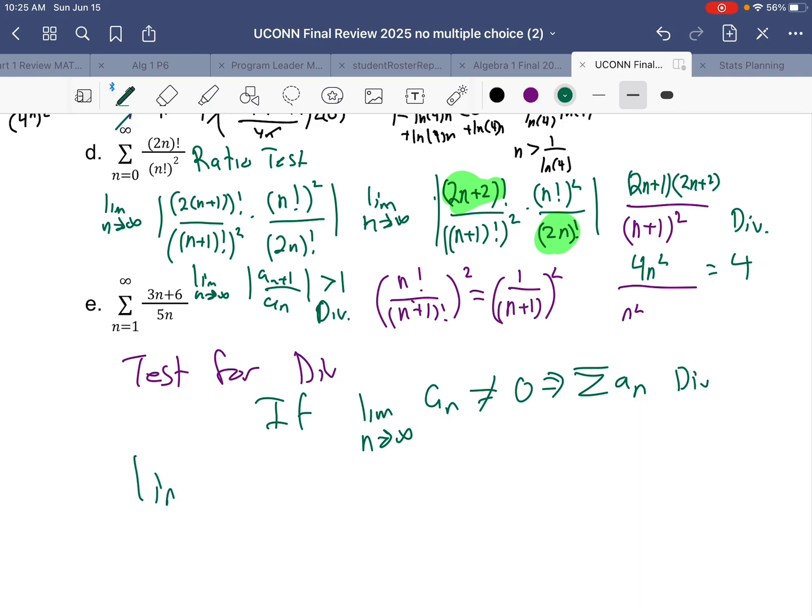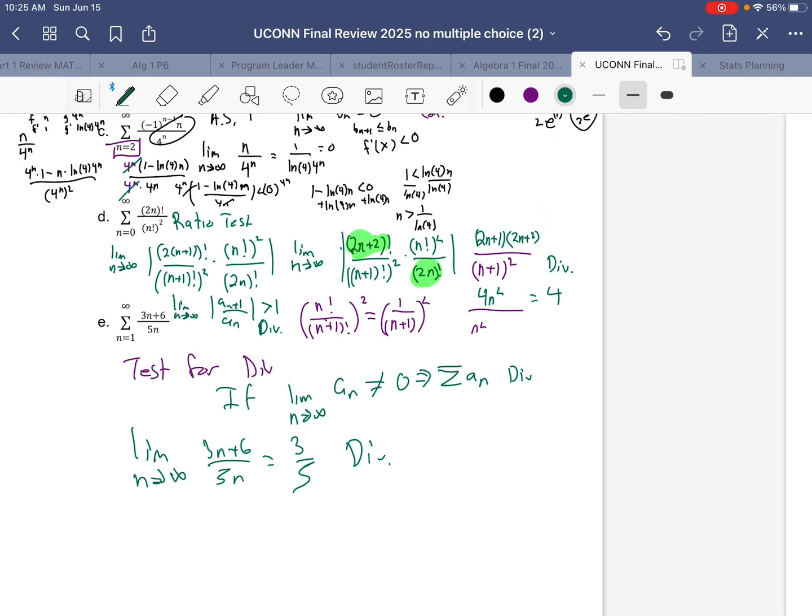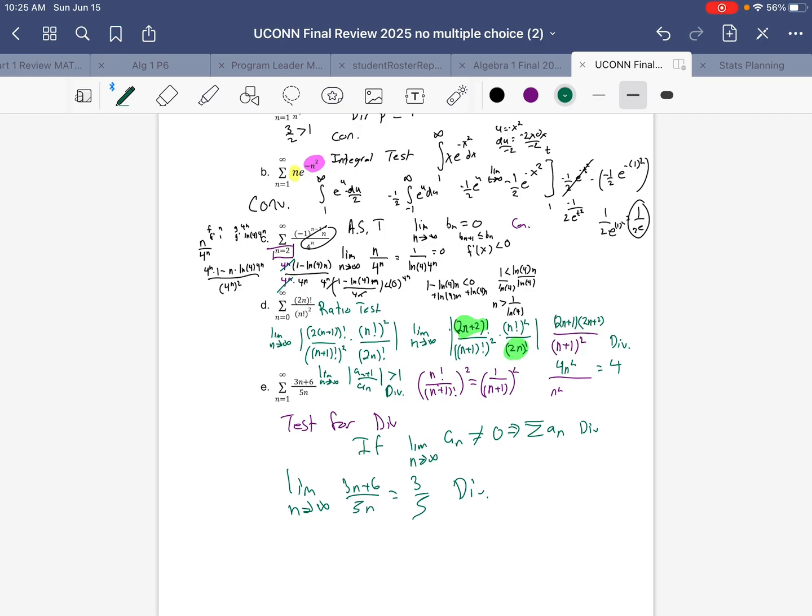And the limit as n approaches infinity of 3n plus 6 over 5n equals 3/5. So this diverges.